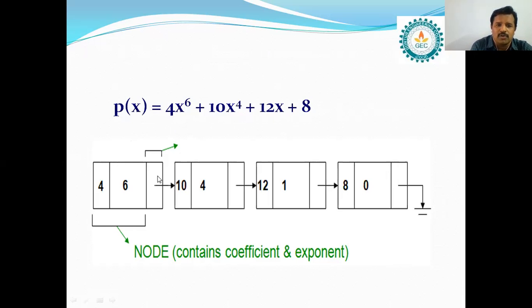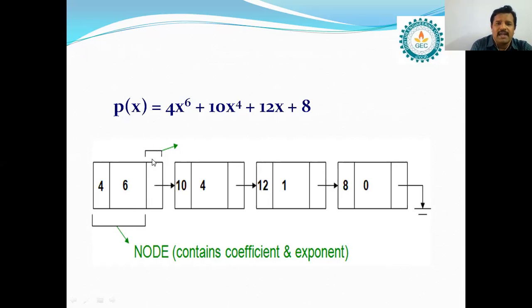So this is the first node which represents the first term. Here 4 represents the coefficient, so the first part is the coefficient part where we write 4. The second part is called the exponent part, and the exponent here is 6, so we write 6 here. And this third part is called the address part, which stores the address of the next node.